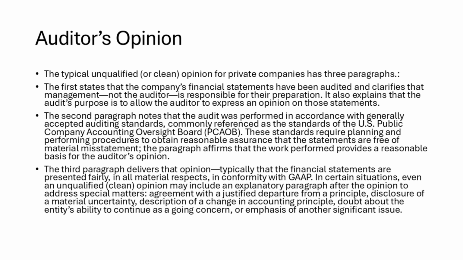This will typically be expressed in terms of standards of the Public Company Accounting Oversight Board, United States. These standards require the auditor to plan and perform the audit to obtain reasonable assurance about whether the financial statements are free of material misstatement. This paragraph also confirms that the audit provided a reasonable basis for an opinion.